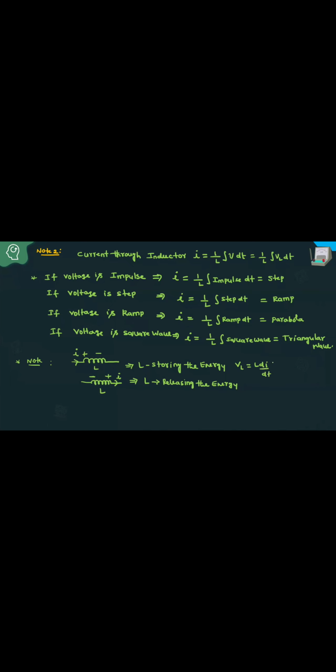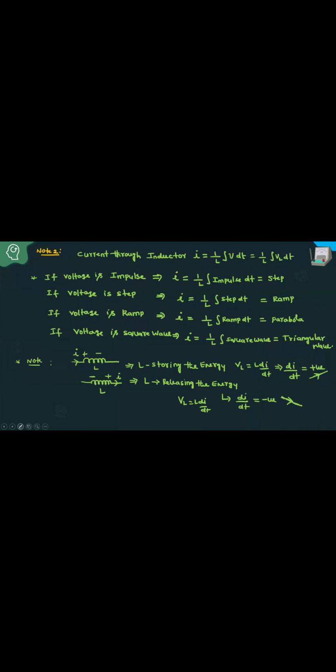If L is storing the energy, di by dt is positive. The slope is positive, the rate of change of current is positive. If L is releasing the energy, di by dt is negative. That is a falling slope. Releasing the energy is a falling slope; storing the energy is a rising slope. All these observations are important.